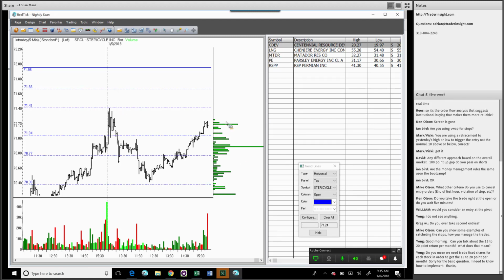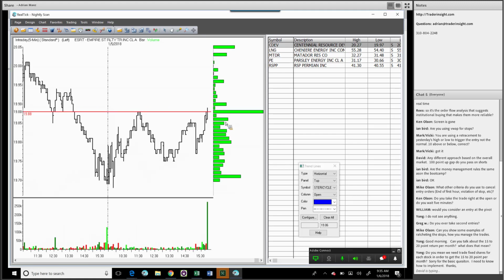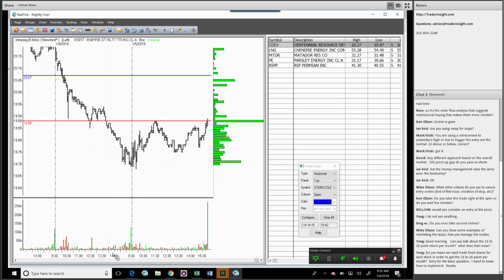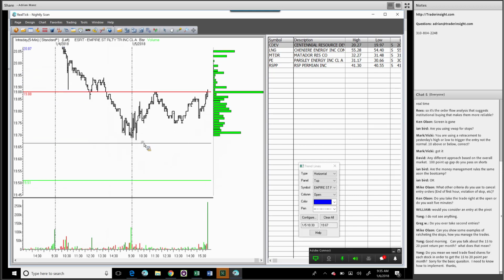So in all of these, ESRT, obviously this one never triggered for us, but if we would have got short, your criteria here for a short sale, $19.69 was the prior session's low.